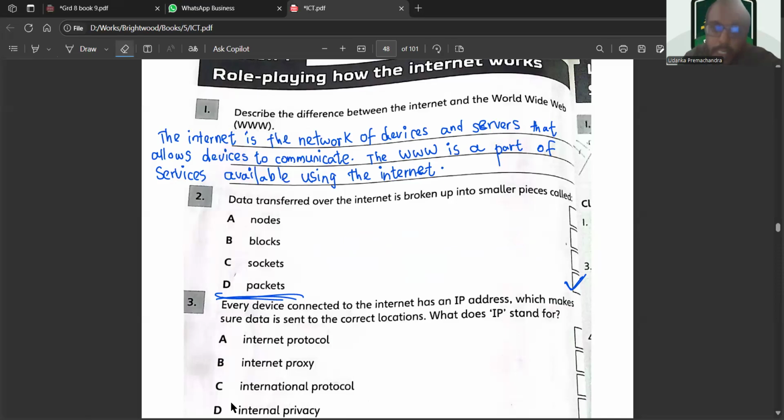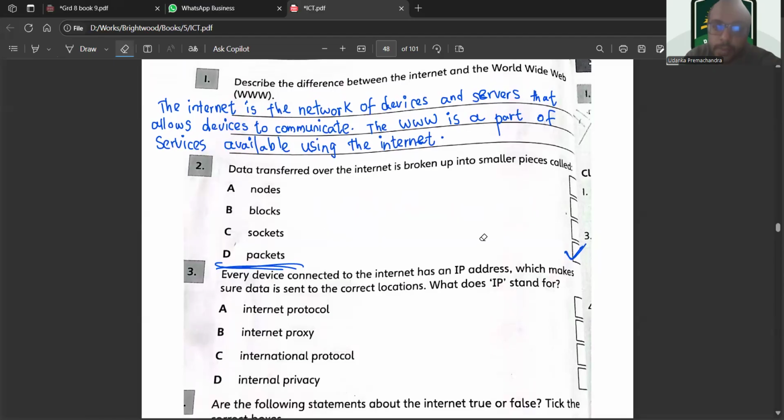We call them data packets. For small pieces, we call them data packets. You can write it down, yes, data packets. Write the answers. Check it.